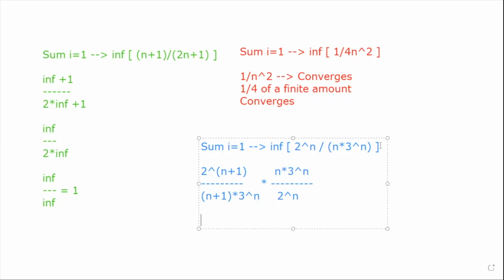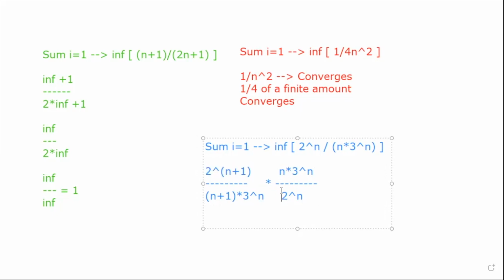Okay, simplifying this, we see that if you divide 2 to the power of n from the top and bottom parts, we're just going to have a 2 in this numerator. Similarly, over here, we're going to have n plus 1 times, well, let's divide both by 3 to the power of n.